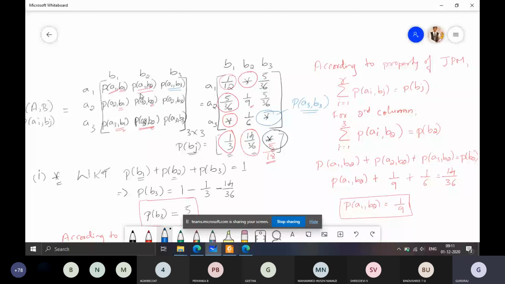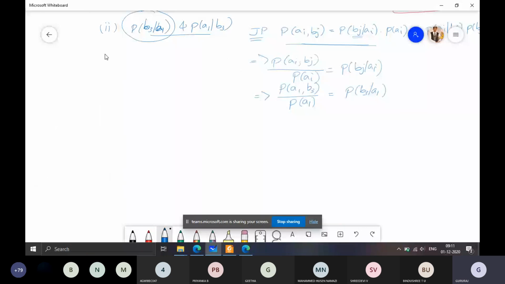What is the value? 5 by 36. So from the given JPM, P of A1 comma B3 is equal to 5 by 36.